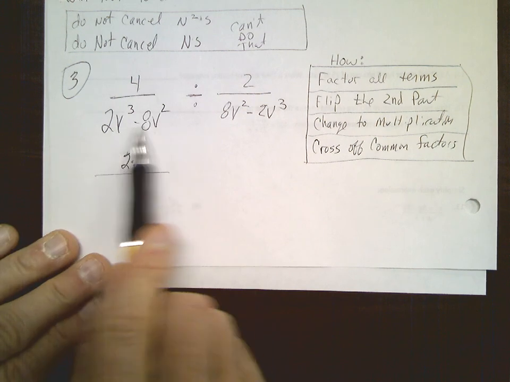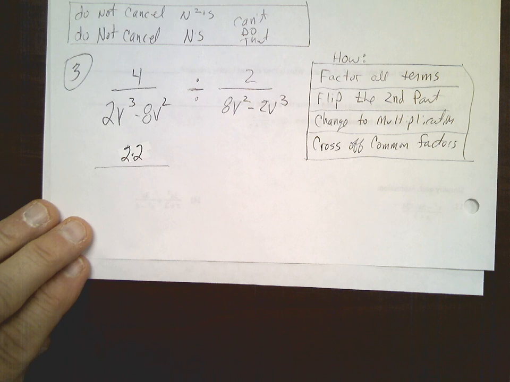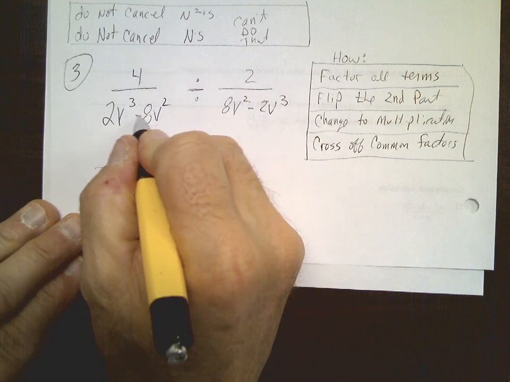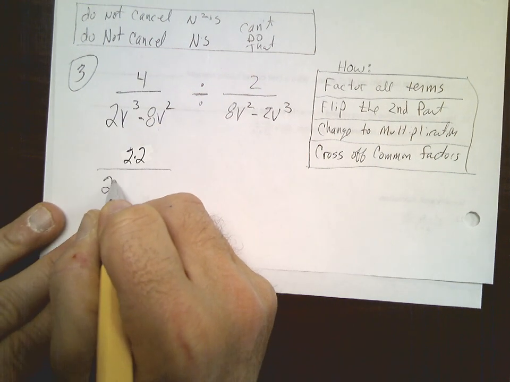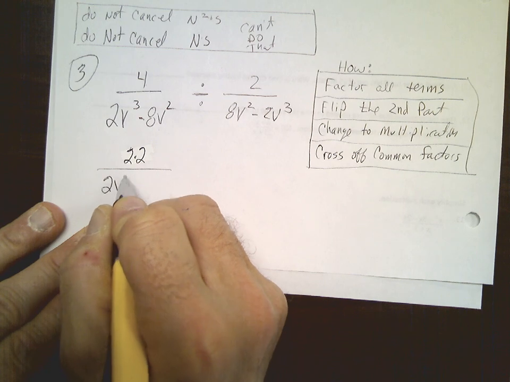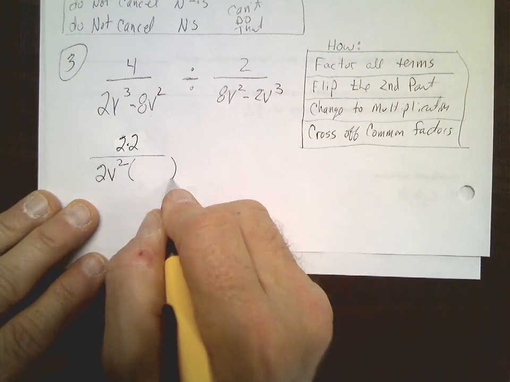Could you factor anything on the bottom here? I'm sorry? I'm not exactly sure what you said, but you should have said pull out a 2v squared. I'll give you the point if you can tell me what we're left with, Mr. Cobb.